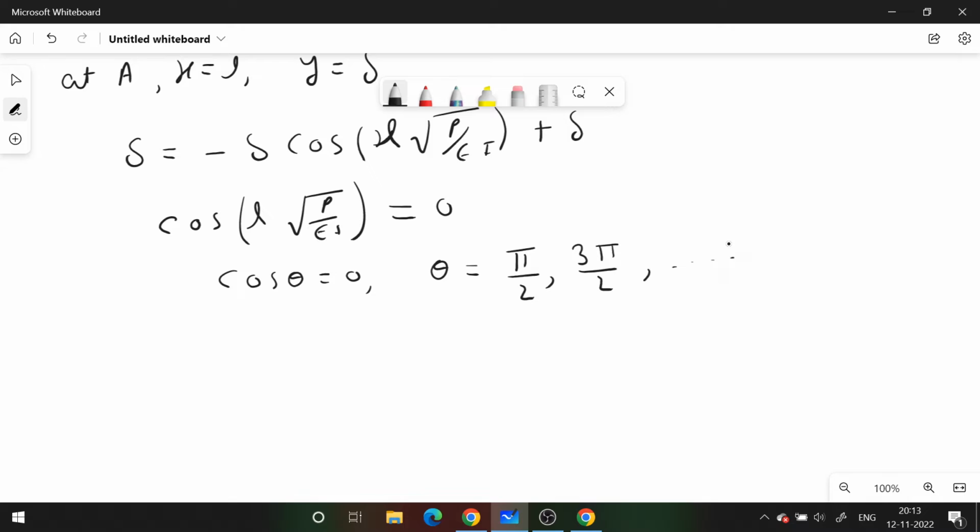Taking the first value, L under root P upon EI is equal to pi by 2.